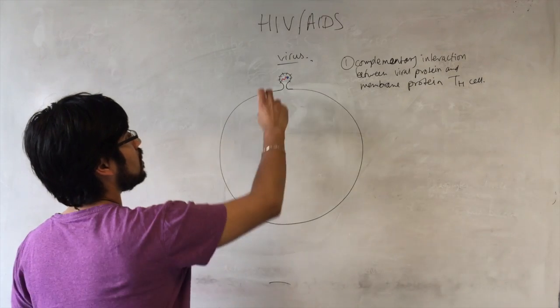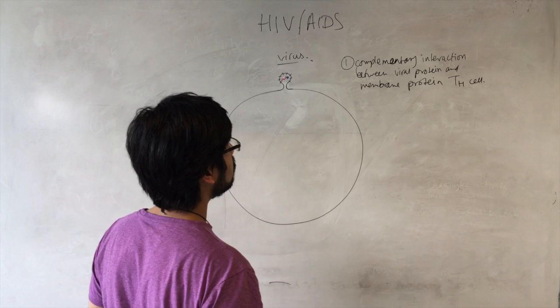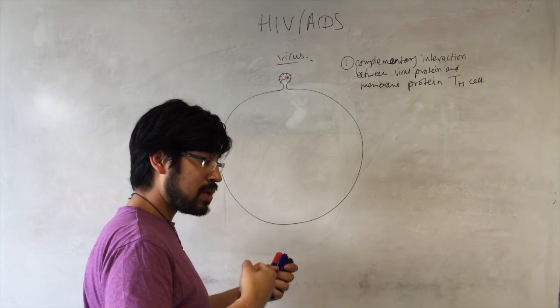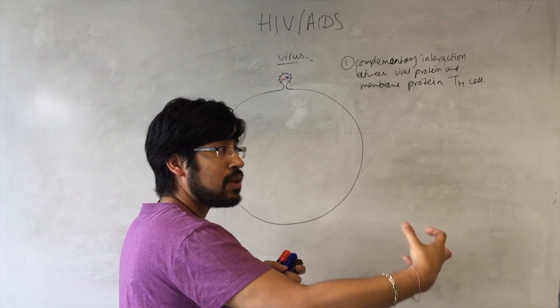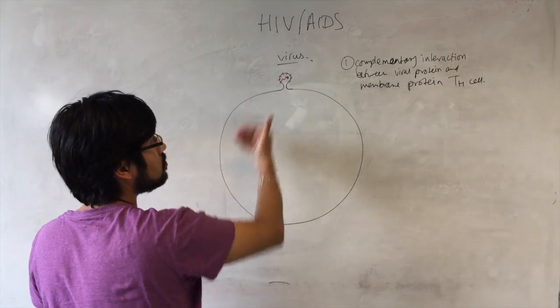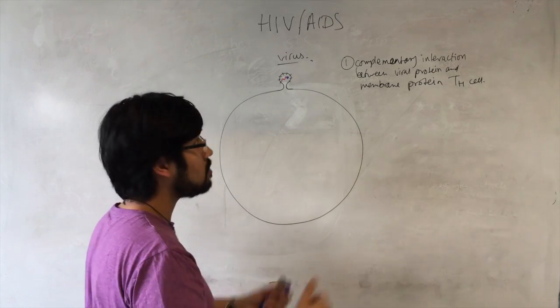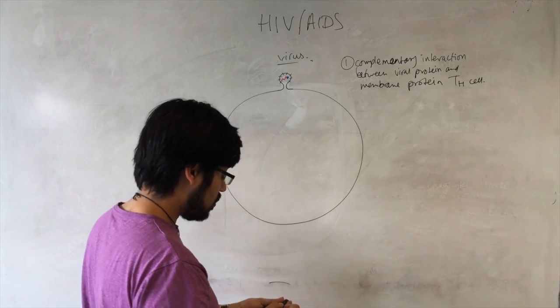They interact, and it's kind of like it initiates a response in the cell. Remember when we were talking in F211 about membranes, how sometimes when you lock with the right receptor, it makes the cell do something in response. Now in this case, it makes the cell fuse with that viral membrane and essentially let that thing into the cell.